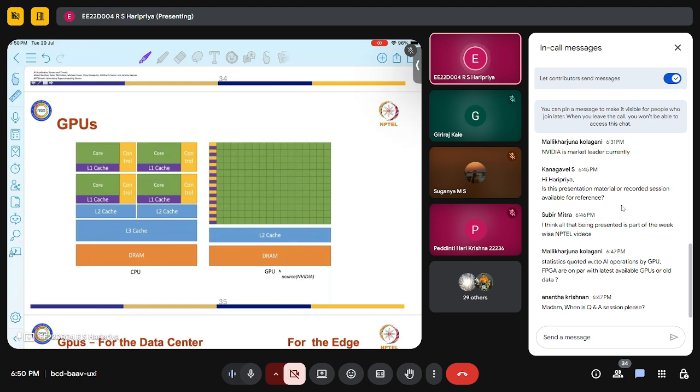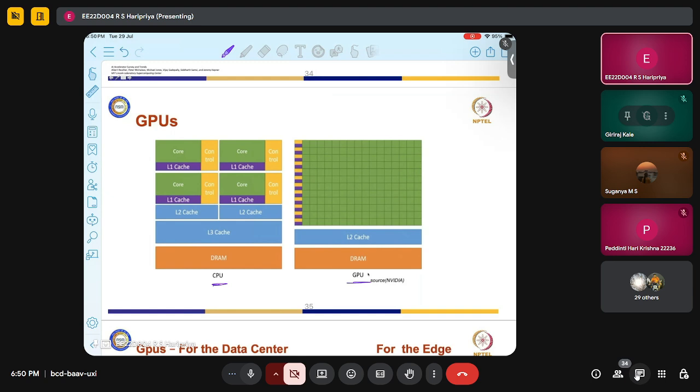So now what is the difference between the CPU and the GPU? Say a CPU consists of multiple cores and we have an L1 cache for each of the cores. We have a control unit for each of these cores, and then we have an L2 cache, L3 cache, and a DRAM.